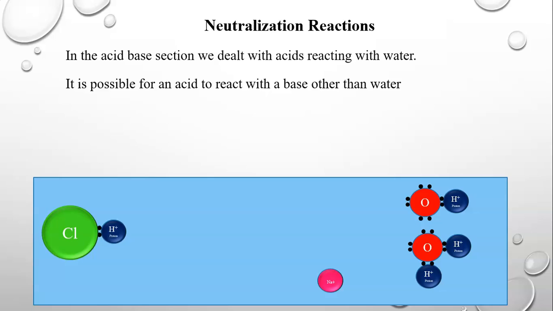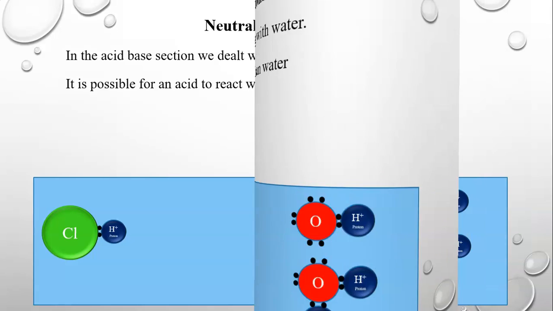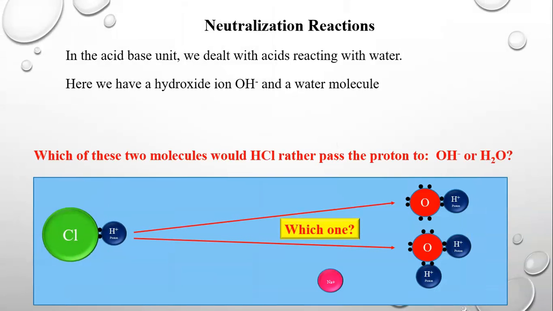It loves to give up protons to water molecules. But now the water molecule has a competitor, that hydroxide ion. So the question is, which of those two would the proton rather go to? The water molecule, we know it likes to go to water molecules, or the hydroxide.